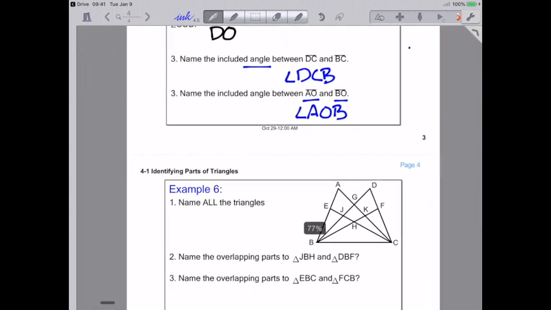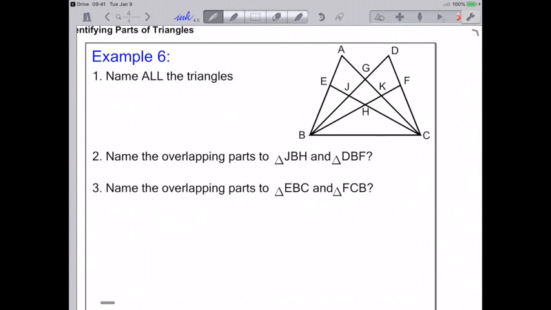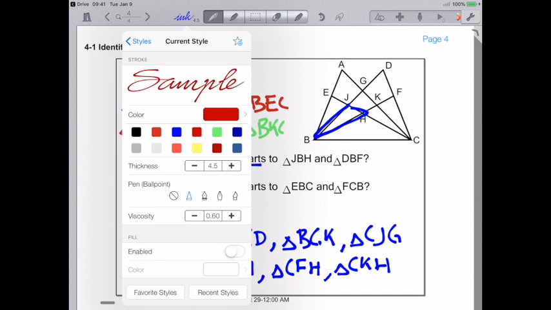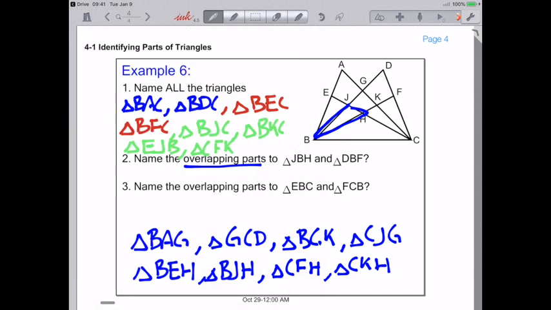So let's jump to example 6 on the overlapping parts. So the question is, where do JBH, let's trace that one out, and DBF overlap, if anywhere? So DBF.